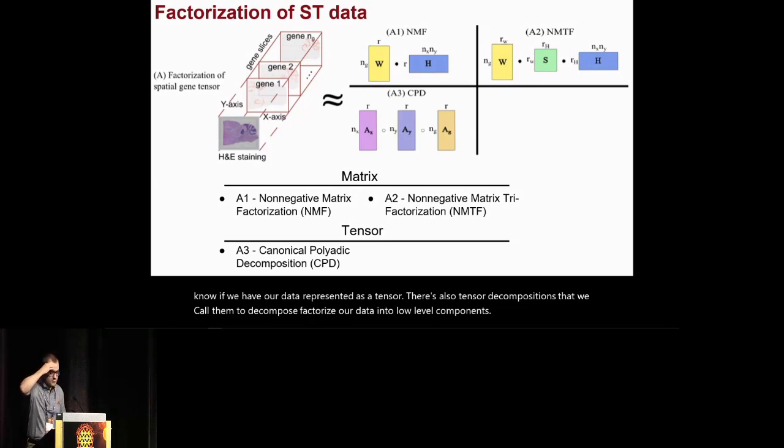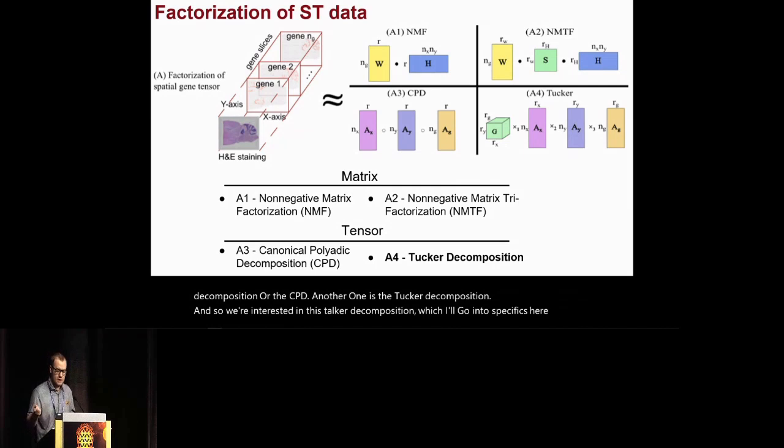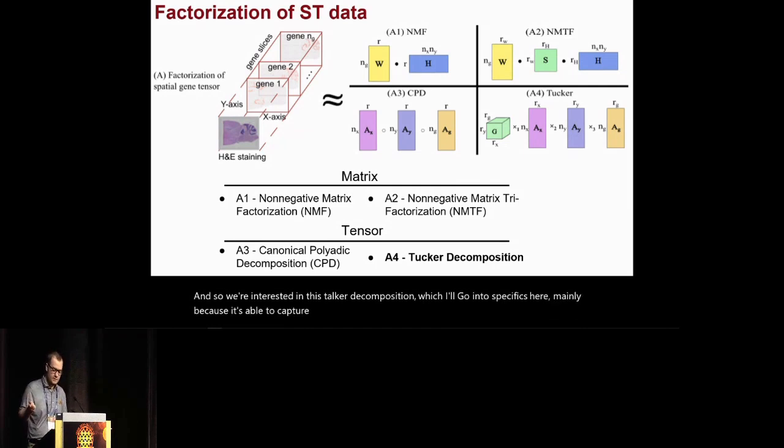A very popular tensor decomposition method is the canonical polyadic decomposition, or the CPD. Another one is the Tucker decomposition. We're interested in the Tucker decomposition, mainly because it's able to capture multilinear interactions among its components, which the CPD is not able to capture.